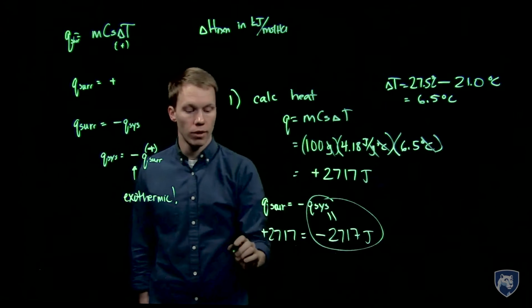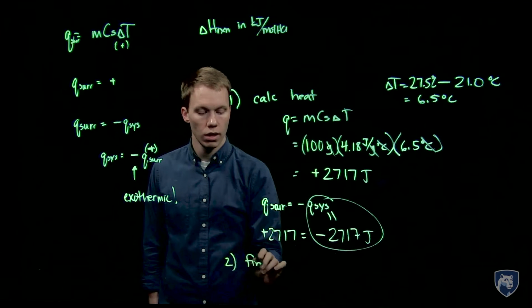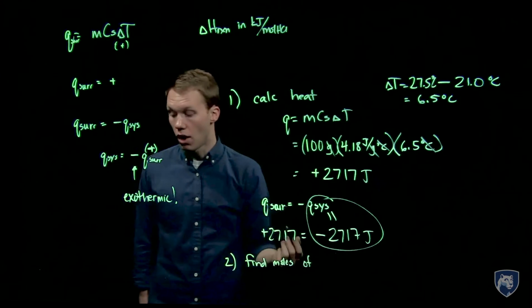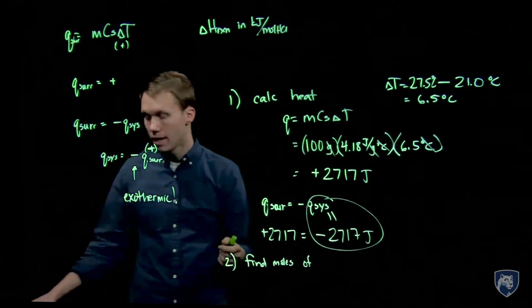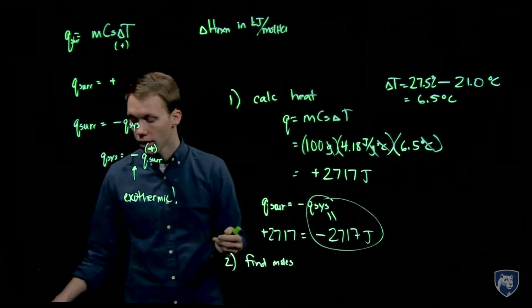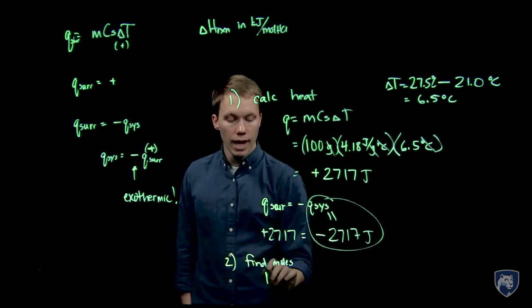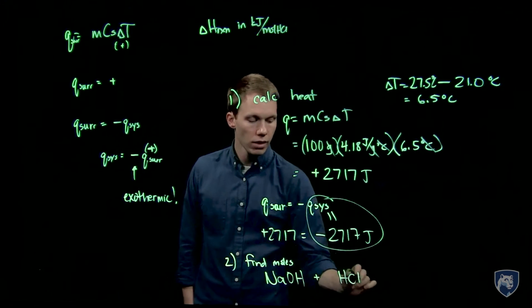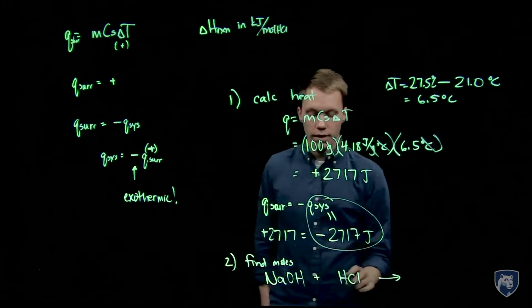We need to find the number of moles of our reactant. And the reactant that we want to know is HCl. So we're going to find the moles of HCl. We have our reaction that we'll need to balance, NaOH plus HCl. That would be a double displacement.